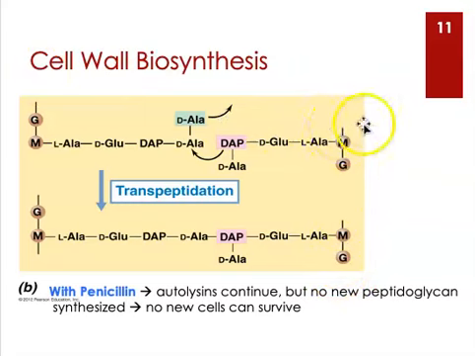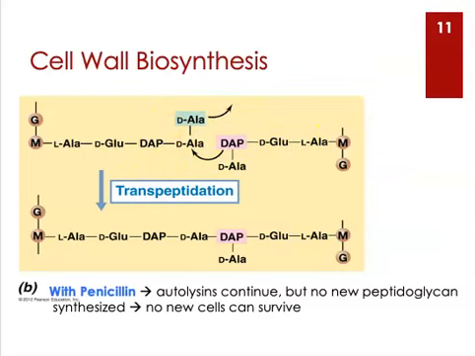And again, off of the NAM subunits are these short chains of amino acids. That's what the ALA and the GLU stand for. Short strands of amino acids. We have to join those strands together with a peptide bond in order to make these cross bridges in the places where there's new cell wall.